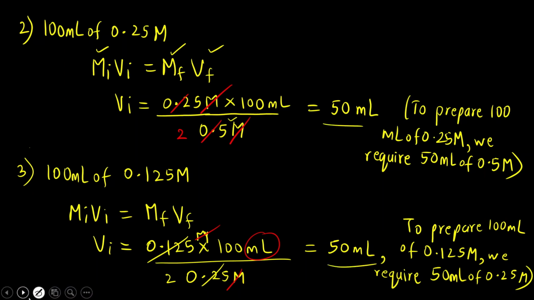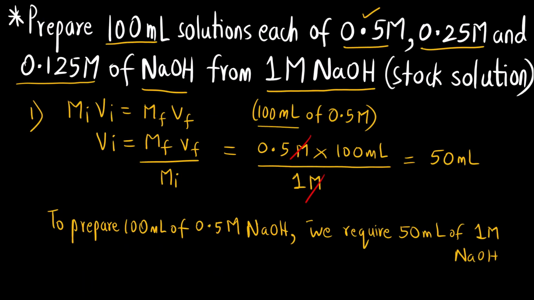Now let us summarize all of them in this diagram. Initially we had the stock solution. What was the concentration? It was 1 molar NaOH solution. What was the first answer? 50 ml, right?